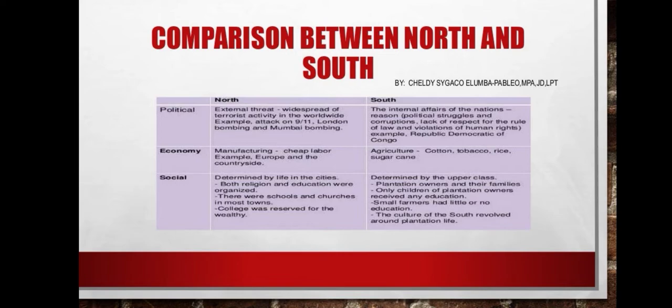So we consider a division of people as well, not only in resources, but a division of those in higher positions. In the North, both religion and education were organized, while in the South, only children of plantation owners received any education. So this is bias. This doesn't fit our Republic Act.